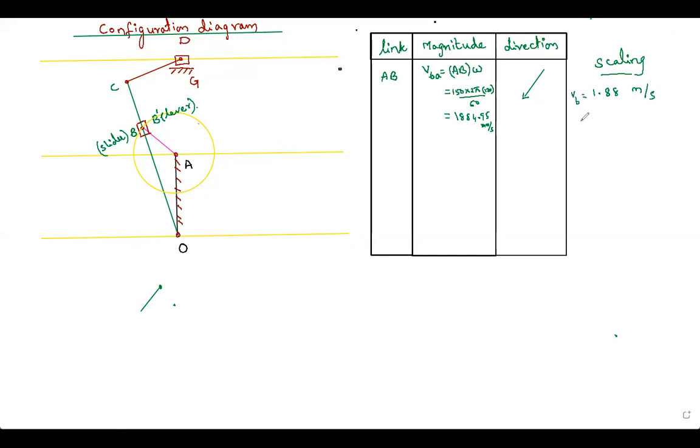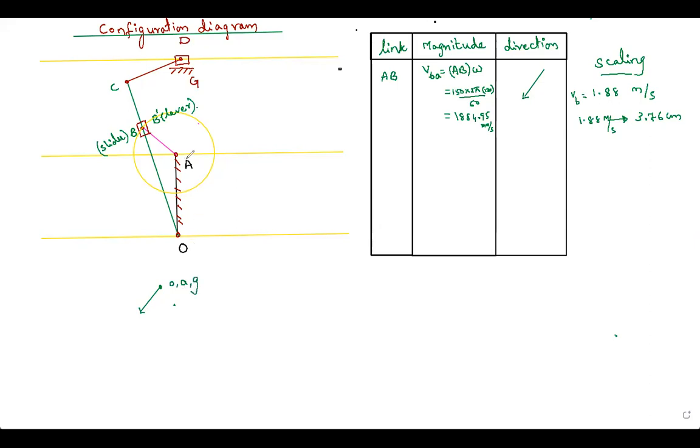I'll just double it, 1.88 times 2, which gives 3.76. So 3.76 centimeters. This also might be my scaling. From meter per second, I'm converting to centimeters. Just double it. I'll draw a downwards arrow, and this is o, a, g.